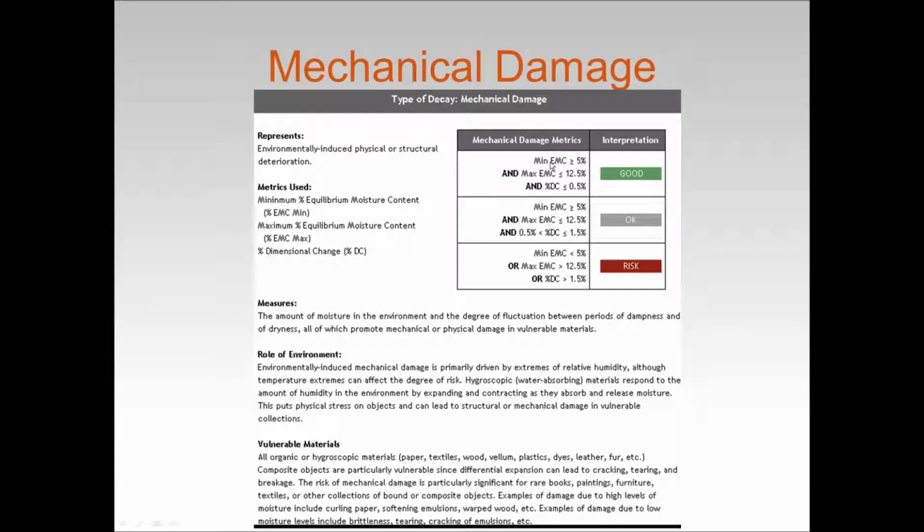And so if you don't want to focus again on the numbers here, you've got your good, okay, and risk metric, or you can get technical with your number. If you're under an equilibrium moisture content of 0.5, that means that the environment is pulling moisture out of your object. And if you're over a 5% moisture content, it means that your object is going to be absorbing moisture.